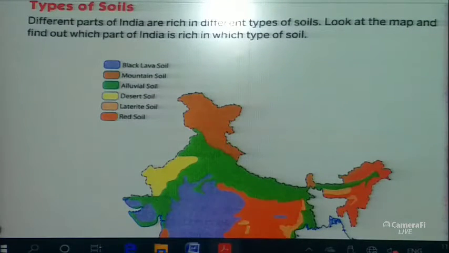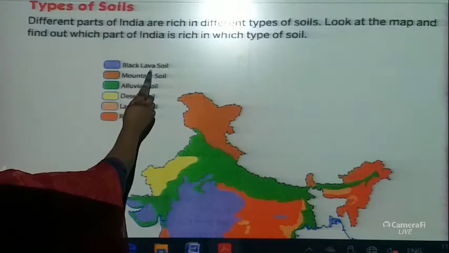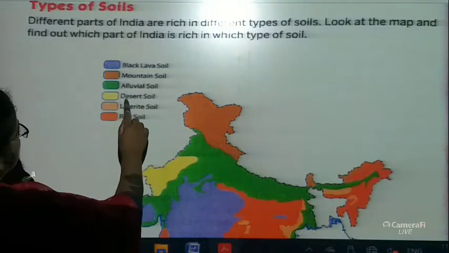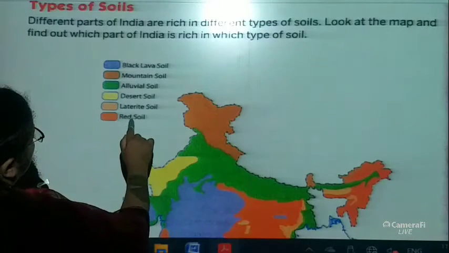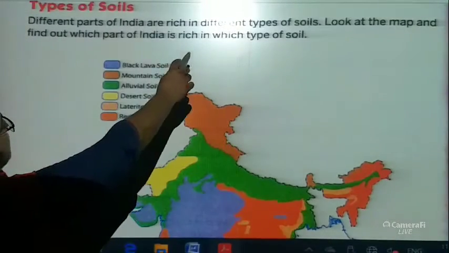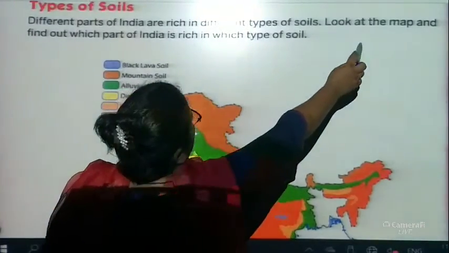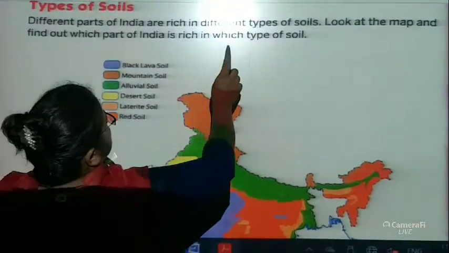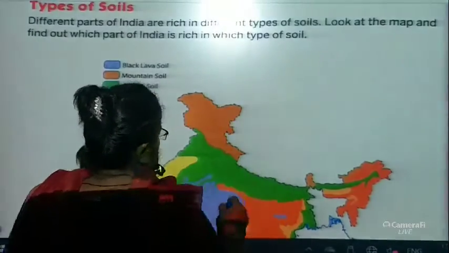Now here also we have types of soil. What are the types? Black lava soil, mountain soil, alluvial soil, desert soil, laterite soil and red soil. Okay, different parts of India are rich in different types of soil. Look at the map and find out which part of India is rich in which type of soil.